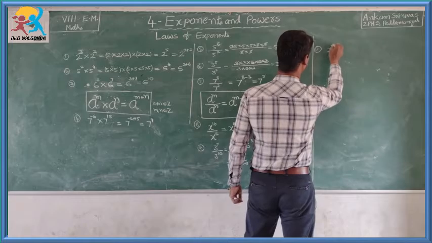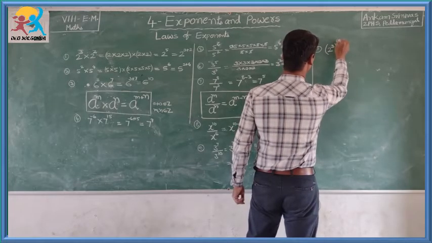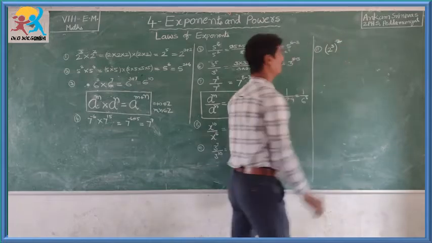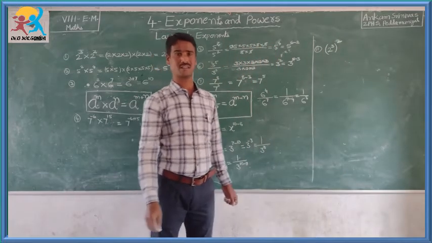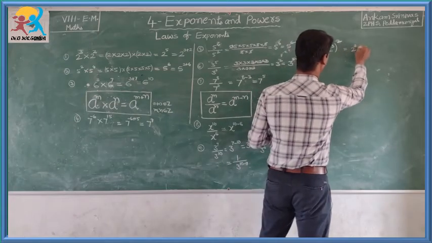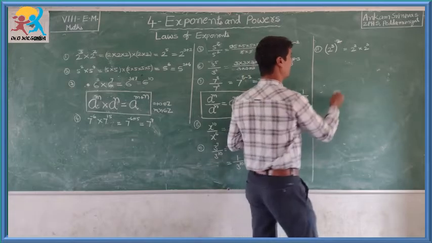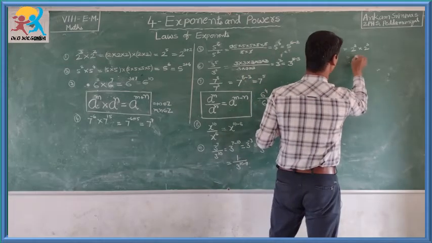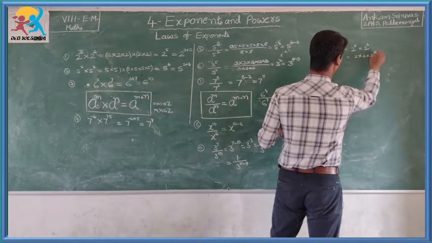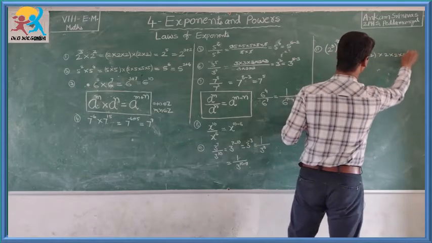Now 2 power 3 whole square. First I am going to write here 2 power 3 into 2 power 3 because it is a square. Again this is written as 2 into 2 into 2 into 2 into 2 into 2.